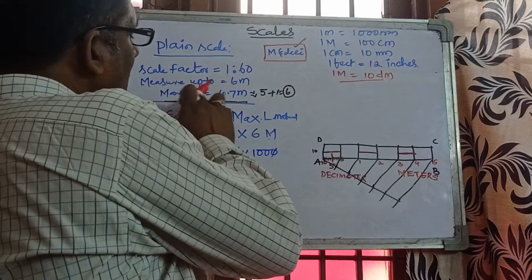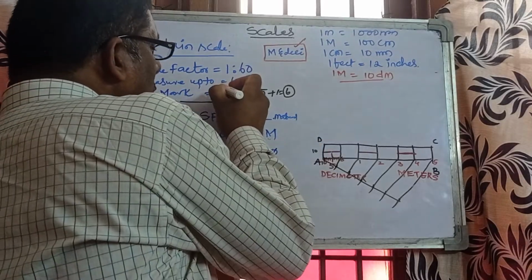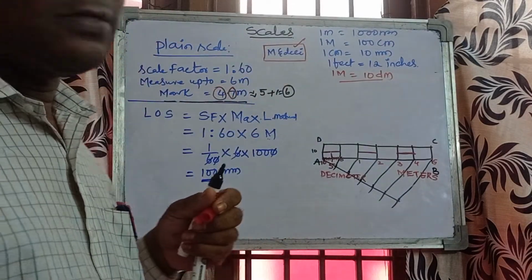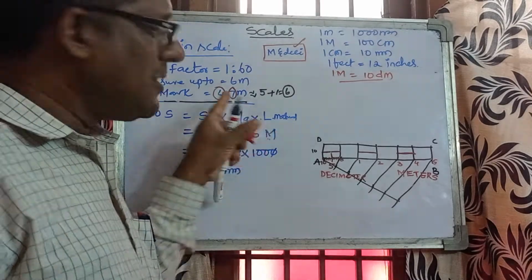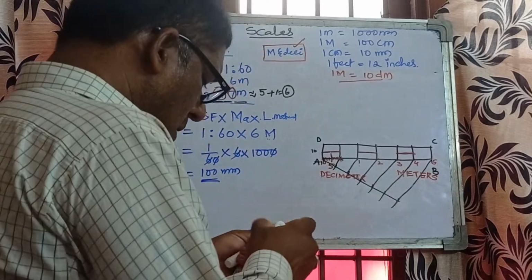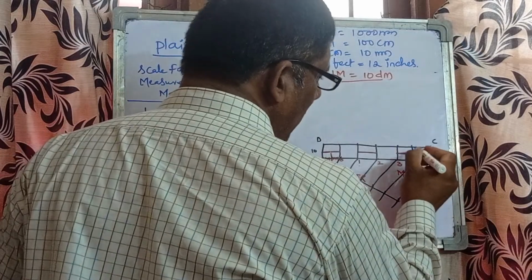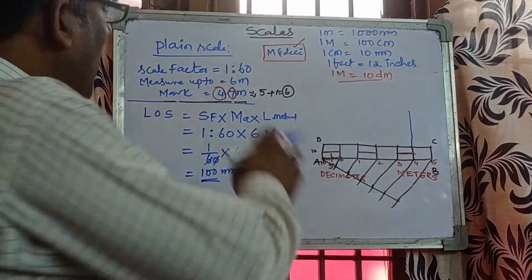To show or mark on the scale 4.7. So 4 meters, 7 decimeters. 0.7 means in this 10th part. So 4 meters, 7 decimeters. So 4 meters means 1, 2, 3, 4. Okay. Here 4 meters. So from here draw the line, 4 meters and 0.7.